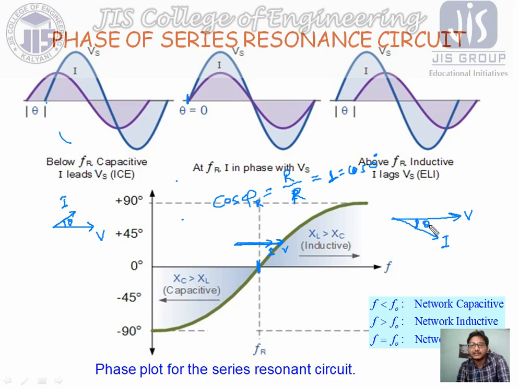Look at it carefully: here the current leads and here the current lags. This is the effect of resistance, inductance and capacitance for the circuit at resonance.